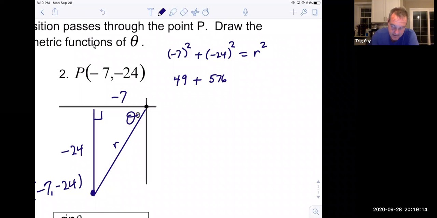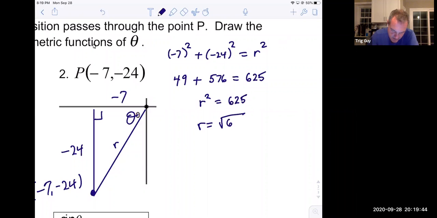If I square 7, square 24, and I add that up, 49 plus 576 is 625, and the square root of that is 25, right? So r squared would be 625. And if you take the square root of 625, you get 25. So this is a 7, 24, 25 right triangle.